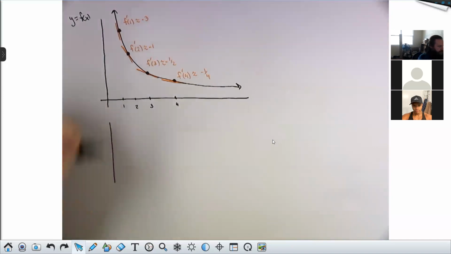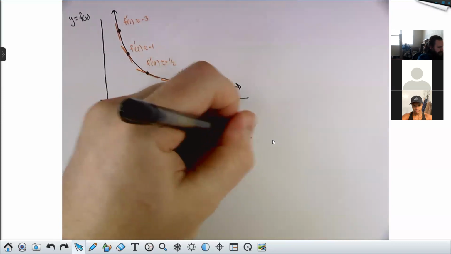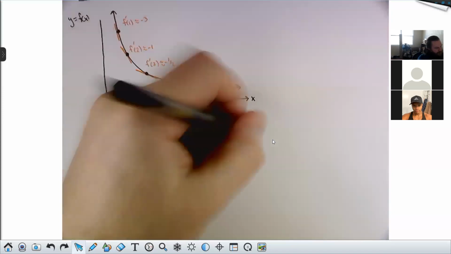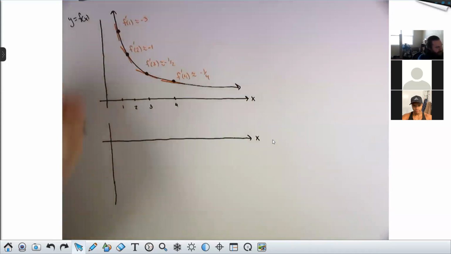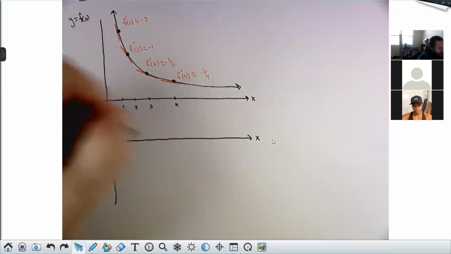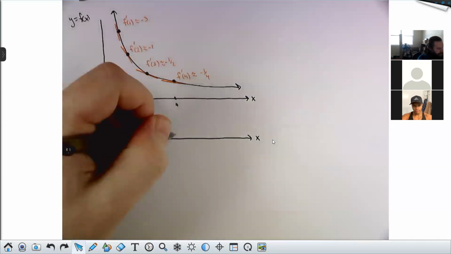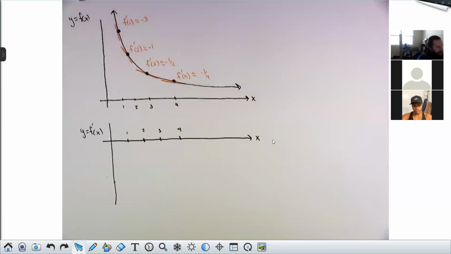Let's see, f prime is all negative, so I should draw my picture a little more like this. First, here's the x-axis. This will be the graph y equals f prime of x, estimated in the same way that you did on the test. So here's 1, 2, 3, 4. I said f prime of 1 looks to be about negative 3.